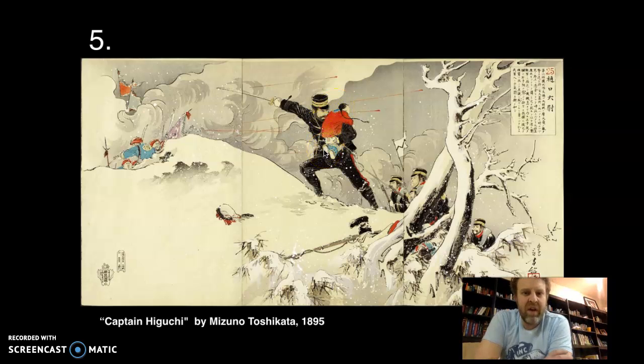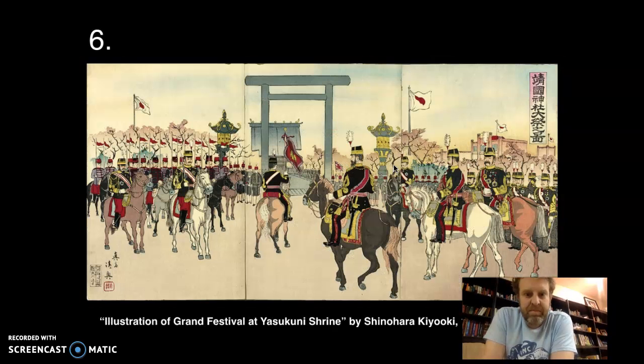Who would leave a young child in the middle of a battlefield? The answer is those barbaric Chinese people. So another image that is reflective of that concept of social Darwinism and Japanese nationalism, and a little bit of militarism as well, with the uniforms and the flags in the background. Another image that suggests nationalism.